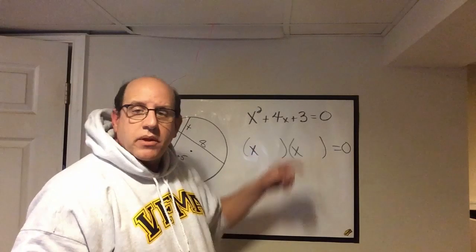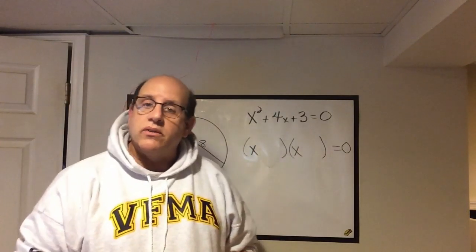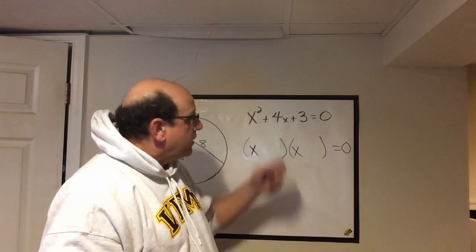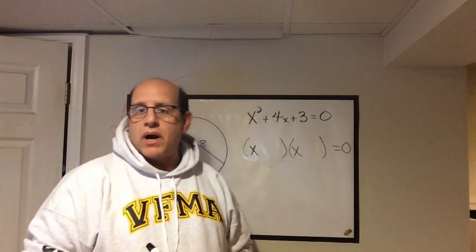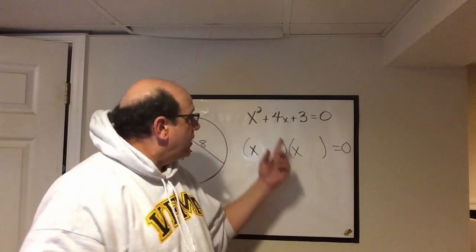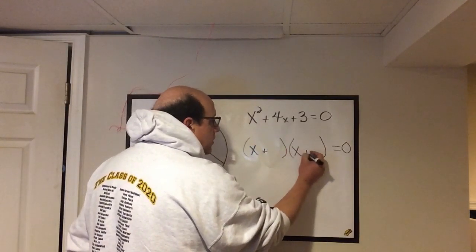If it's positive, then both of the operation symbols inside are going to be exactly the same. All right? And then you look over here, and it's going to tell you whether those two same things are going to be positive or negative. And you know that they're going to be positive because that's an addition sign. So you're going to put in your addition signs.